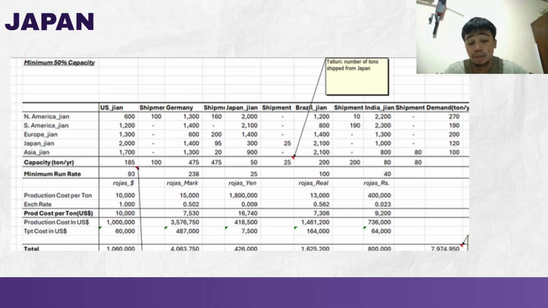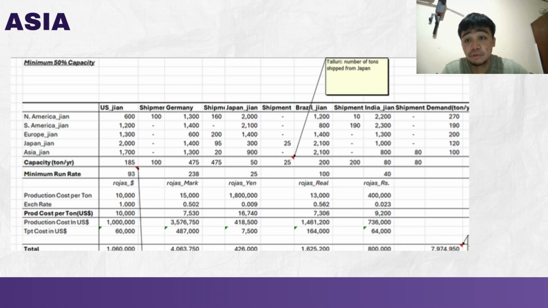And Japan's plant has a mandatory minimum production, making local supply necessary. So the fact here is that Japan has high cost, but shipping barriers make local production unavoidable, even if the production cost per ton is more than double that of other countries such as Germany and Brazil.